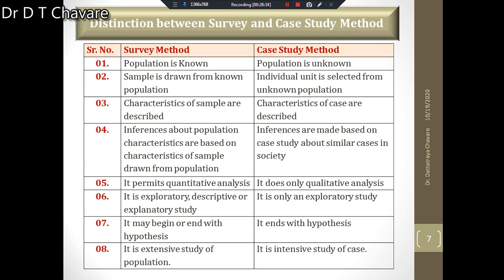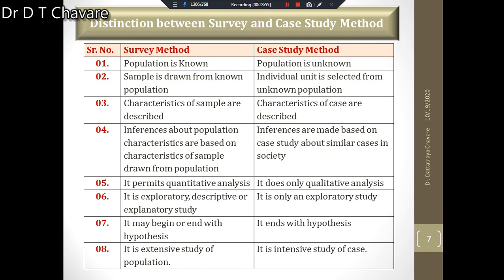And survey method permits quantitative analysis. Don't make confusion. Survey method permits quantitative analysis, and case study method permits only qualitative analysis. This is the difference.